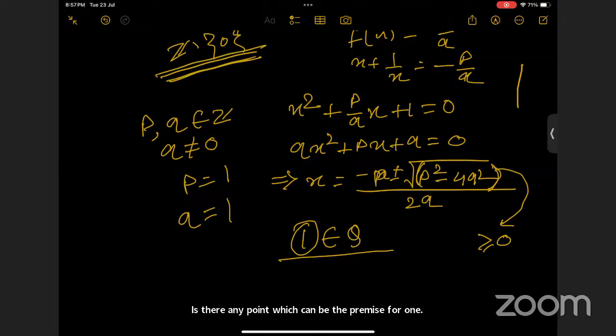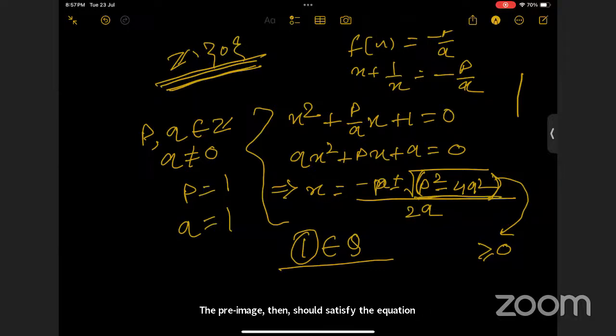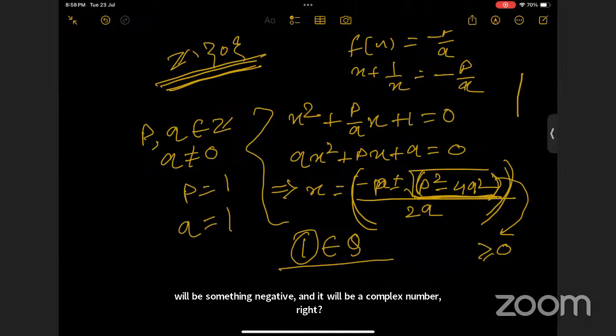There will be none, clearly. Because if it is the pre-image, then it should satisfy the equation, then it will be something negative and a complex number, right? So according to me, the last option is also not correct.